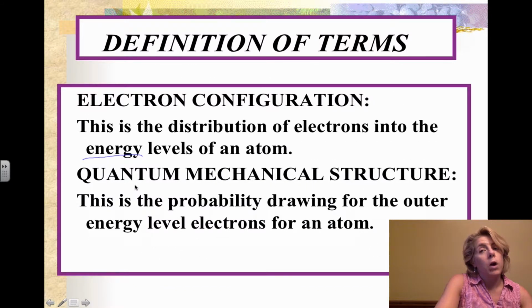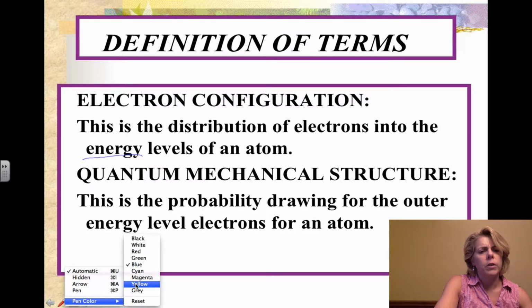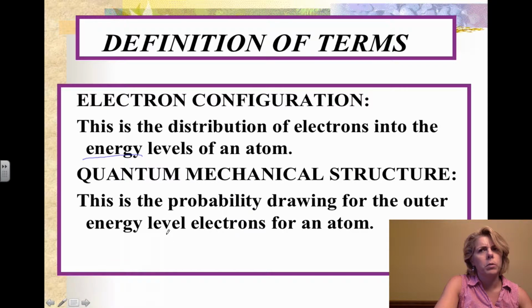We're also going to draw, at the end of this video, the location of the outer electrons for the atom. And I don't know if you remember, about 2 videos ago, we looked at what a p orbital versus an s orbital and a d orbital look like. They all have certain probabilities of location within that drawing. So we're going to draw that at the end of this video.